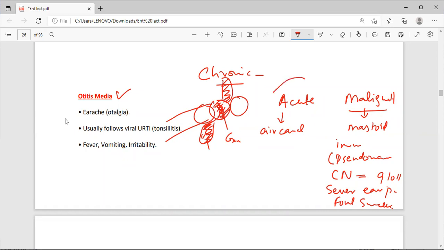Now, if the patient has acute symptoms and no other structures are involved, this might be simple acute otitis media, which is mostly present in the ear canal.